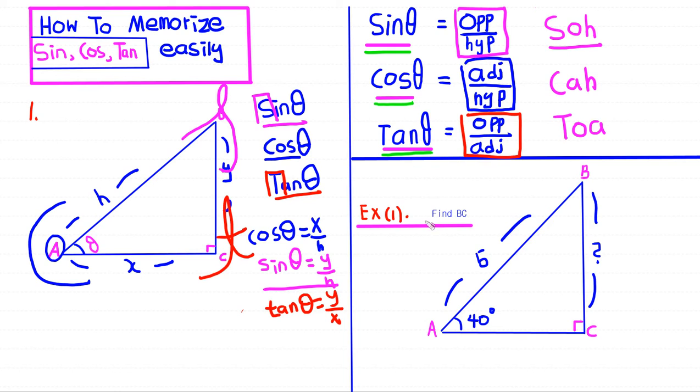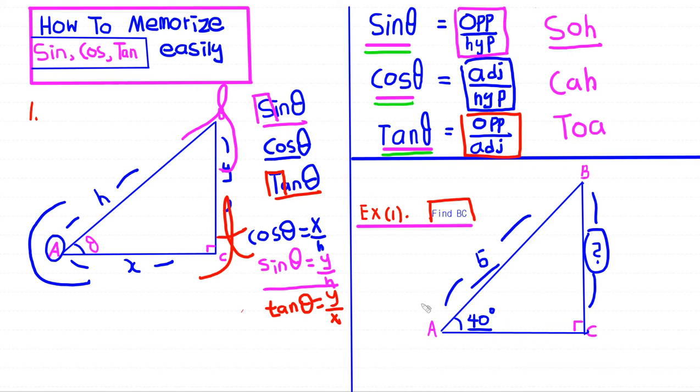For example 1, it says to find the length of BC right over here, marked with a question mark. We need to use these given angles and given lengths.